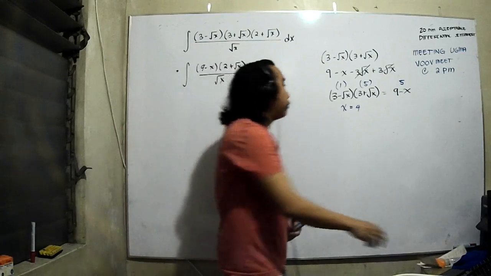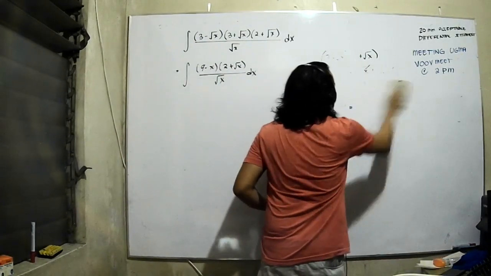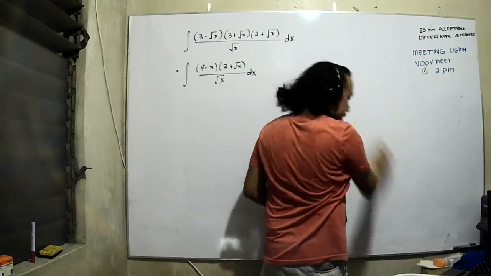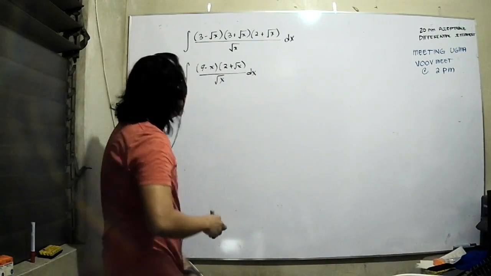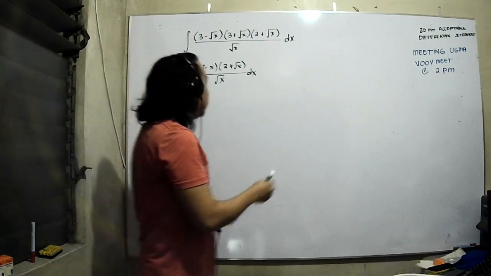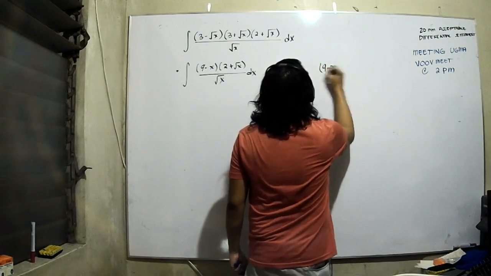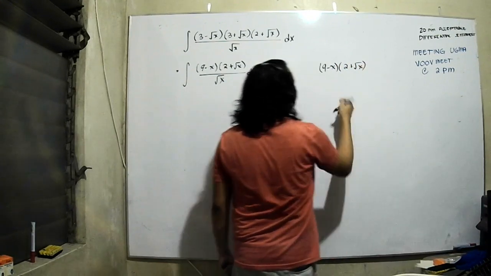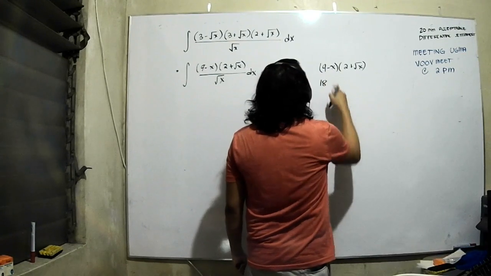Now, moving forward, I'll just erase this. Now that we know that it is 9 minus x, we are more confident. Next, I will do another manipulation and evaluate this. So, 9 minus x times 2 plus square root of x. 9 times 2 is 18.